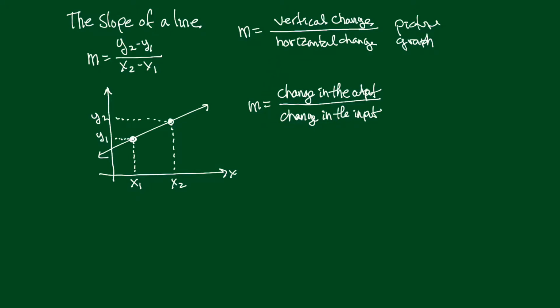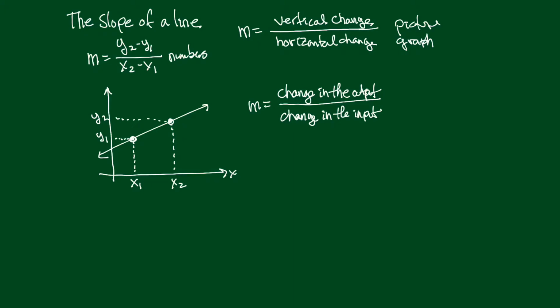So when you look at a graph like this one over here, you have a horizontal axis. Those are the input values. And you have a vertical axis, which are the output values. So when you're dealing with just symbols, if I'm just given numbers, this is good if you're just given numbers. I'll use that formula for computing the slope.